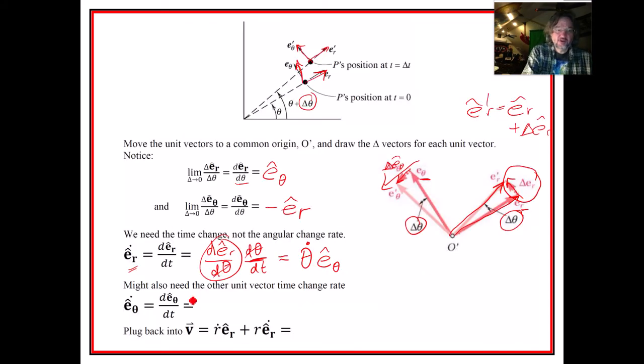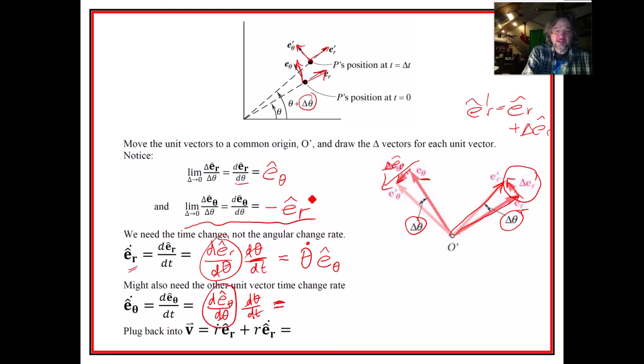A similar thing down here, we might also need to know what happens with this other one. If we take de_theta d theta and also multiply it by d theta dt, the thetas cancel out and you get d theta dt, which is the desirable thing.